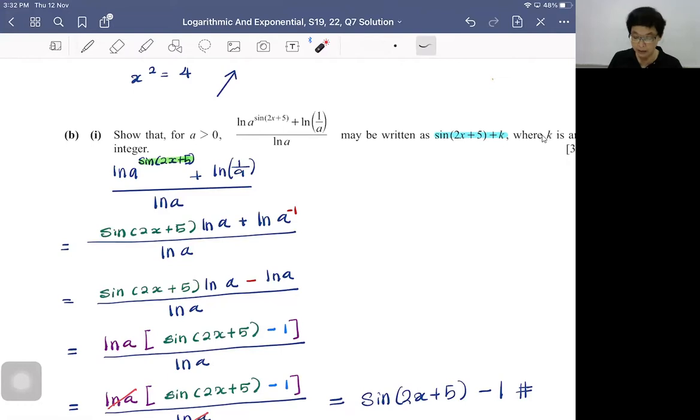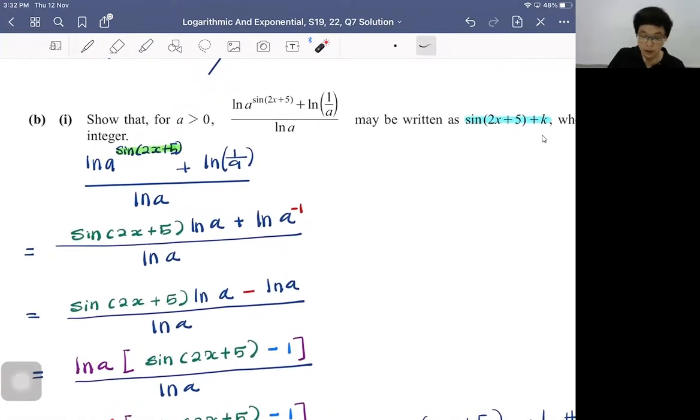And plus the next thing, we note the ln of 1 over a. Now connect back to the indices rule: 1 over a is equivalent to a to the power of negative 1.